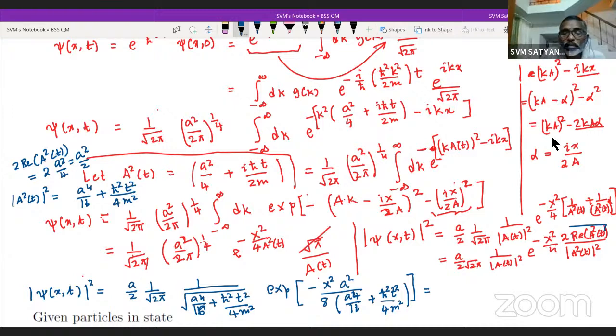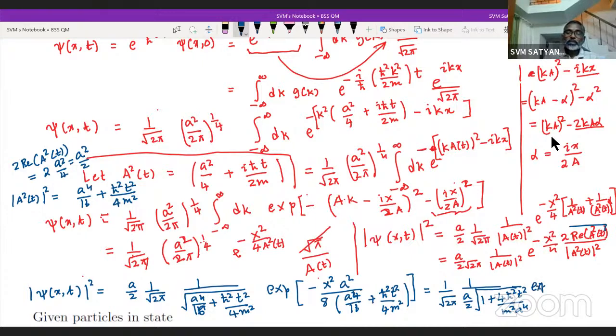So that is equal to 1 by root 2 pi into 1 by a by 2 square root of 1 plus 4 h bar square t square by m square a to the power 4. So that is what is coming here.